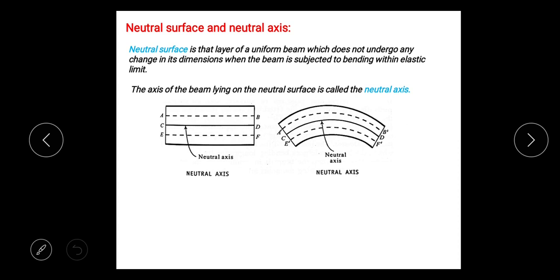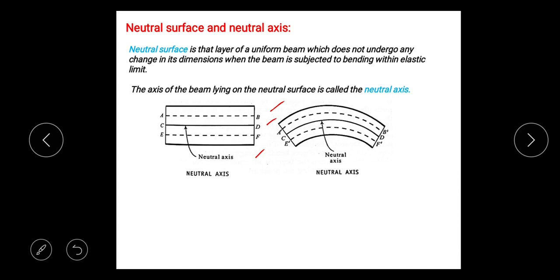The beam is thought of as made up of a number of parallel layers A, B, C, D, E, F, etc. It is shown here. AB is there, CD is there, EF is there. And each layer is made up of parallel longitudinal filaments or fibers. That is not shown here. You have to think like this. AB is a layer. A layer is made up of a number of parallel filaments.